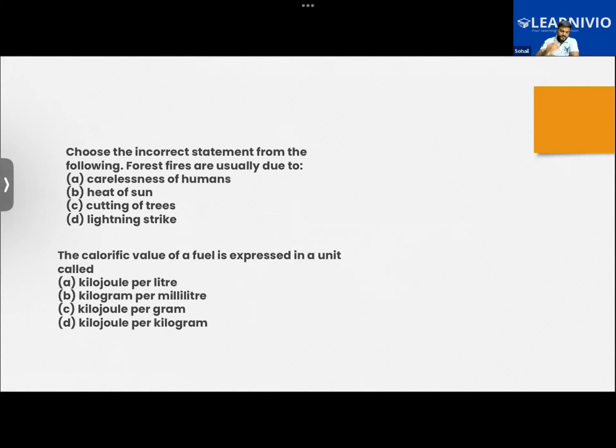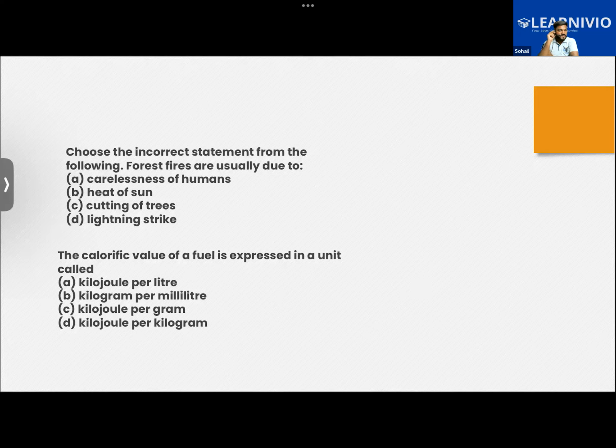Then answer this question. Choose the incorrect statement from the following. Forest fires are usually due to carelessness of humans. You have to choose the incorrect statement.